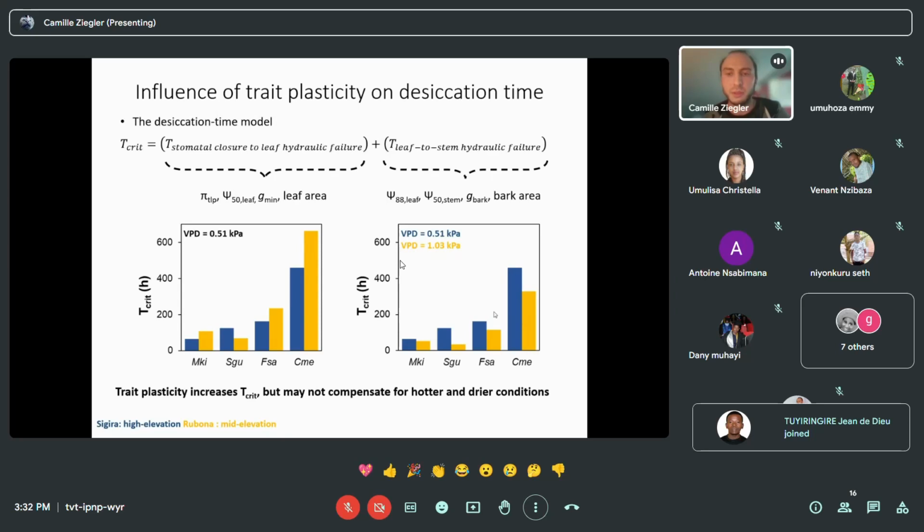So it's a lot drier in Rubona. Integrating this effect of climate, you see that T-crit is almost always lower in Rubona than in Sigira, which means that even though trait plasticity increases T-crit, it may not compensate for hotter and drier conditions. So we only have partial acclimation of vulnerability to drought.